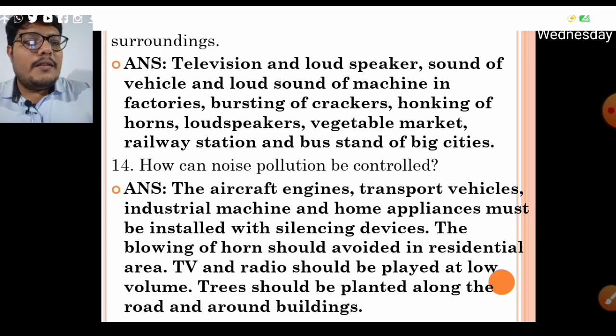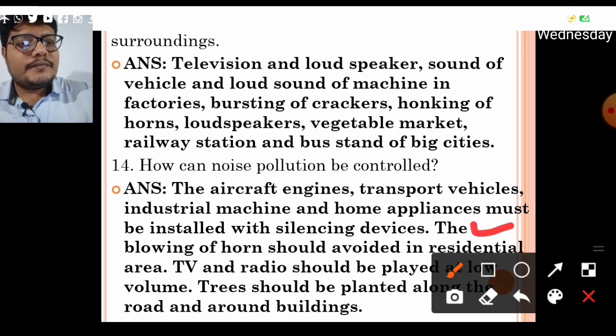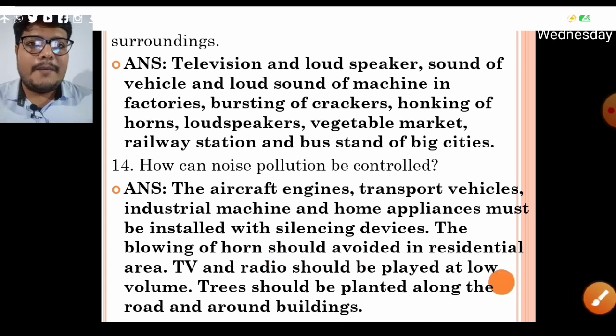The blowing of horns should be less when you are in a residential area, so avoid that. TV and radio should be played at low volume. Trees should be planted along the road and around the buildings to reduce noise pollution.